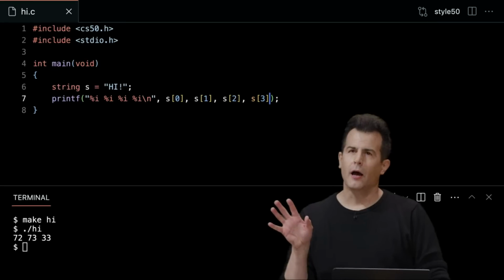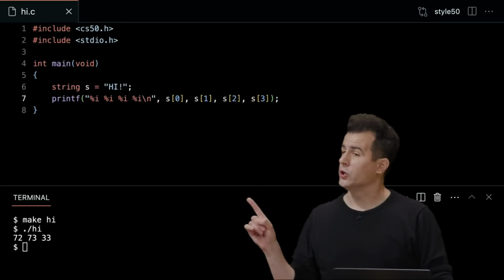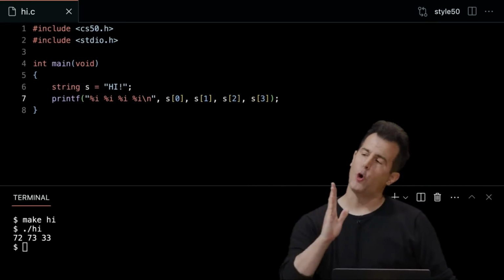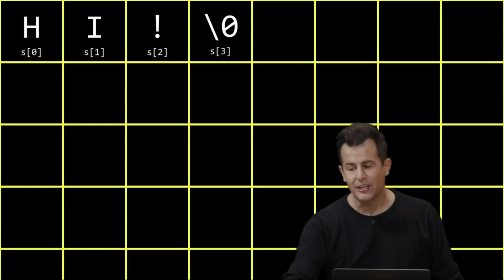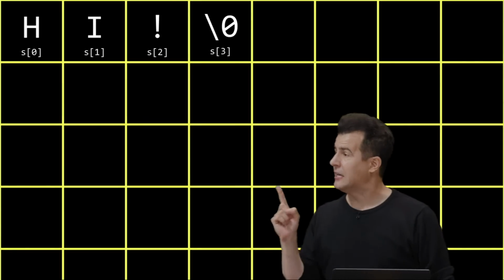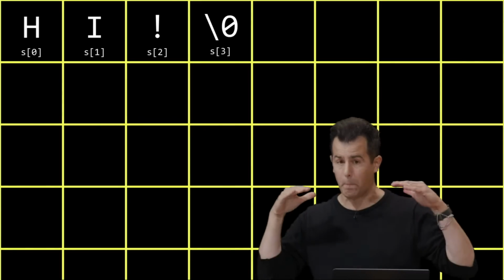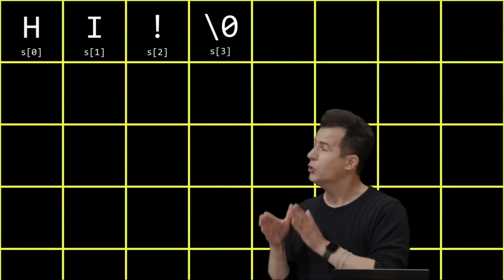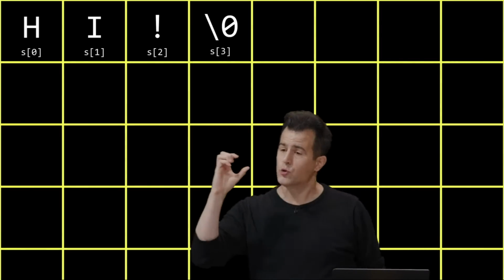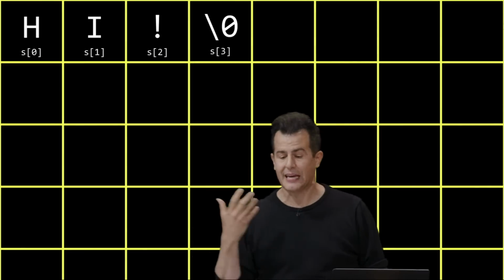I was not exaggerating earlier when I said in general, if you go past the end of an array, bad things can happen. But in this case, I know that there is one more thing at the end of this array because this is how strings are built. This is not a CS50 thing. This is a thing in C. Every string in the world, in double quotes, ends with a \0. That is 8 0 bits.